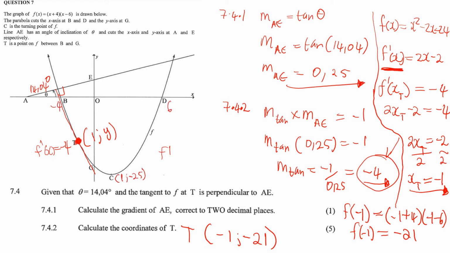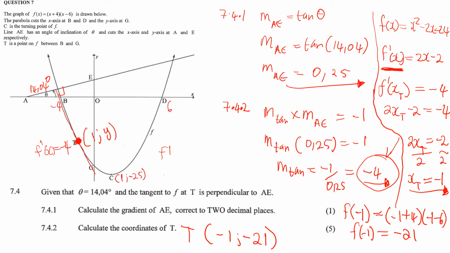All right, just a quick summary of this. How did we solve for t? We know that the gradient at t is the same as the first derivative, because t lies on the tangent and also lies on the parabola. We know that the quadratic can be differentiated, and when we differentiate, f prime of x is the same as the gradient.